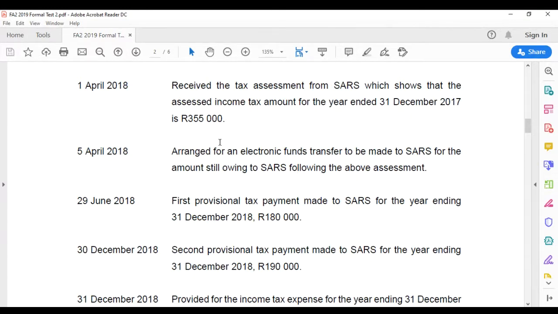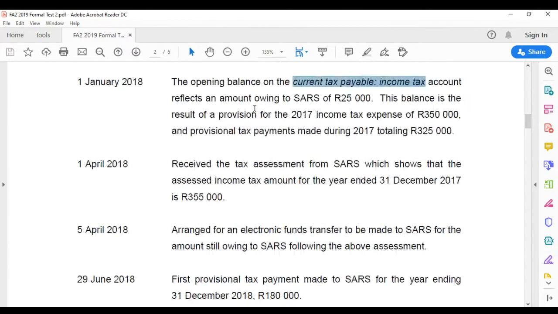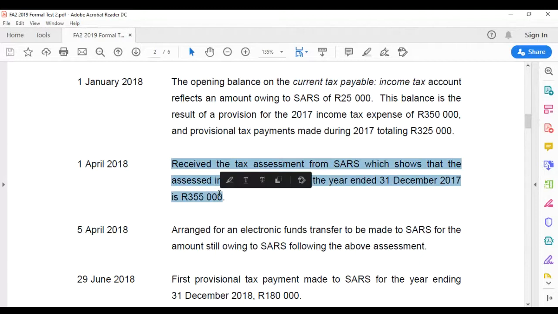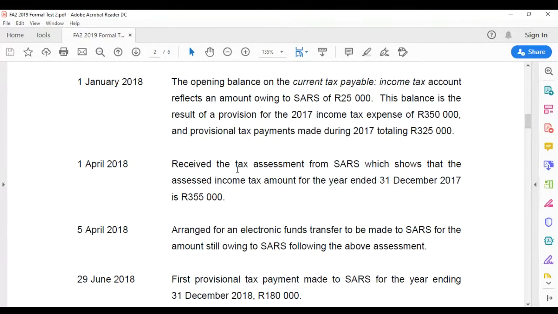Now, ladies and gentlemen, what we need to do there: we already have an opening balance. Remember, this is important, we can only do this once we've adjusted for the over or the under provision. Once we take into account our opening balance on the account, and the adjustment for either an over provision or an under provision, whatever the balance is on that account at that point in time is what is owed between the two parties.